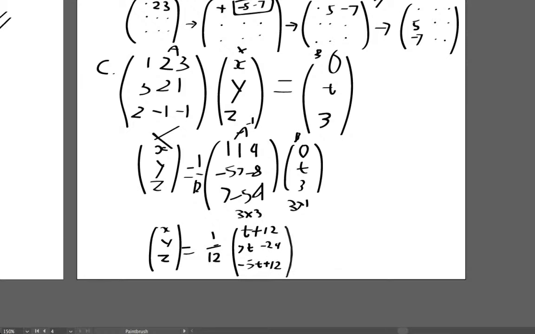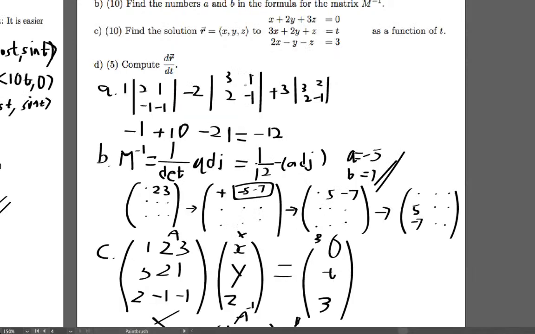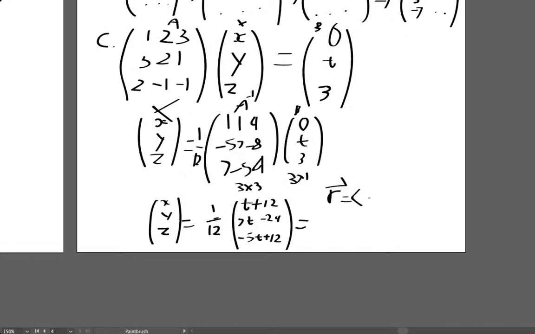So you can actually write this r vector as t over 12 plus 1, 7t over 12 minus 2, and minus 5t over 12 plus 1.